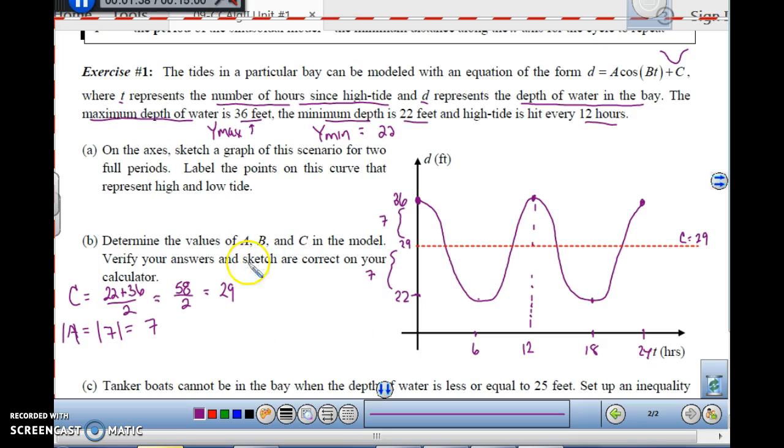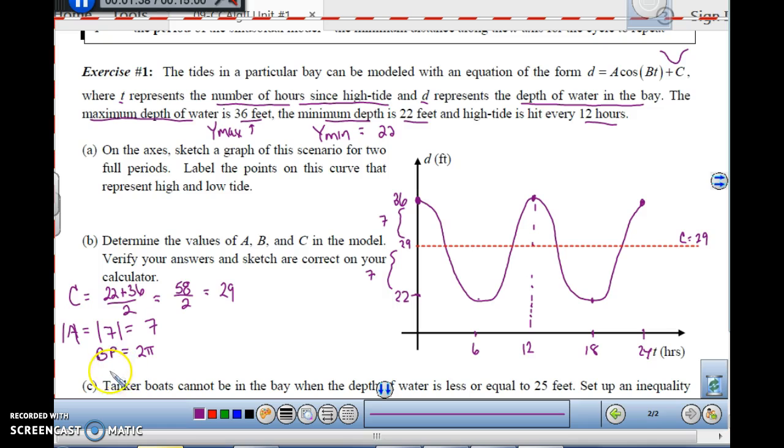Now remember B can be found using the formula BP is equal to 2 pi. So we have to know our period in order to find the frequency. Our period here, high tide is going to hit every 12 hours. So we have one full cycle of a cosine graph over 12 hours.